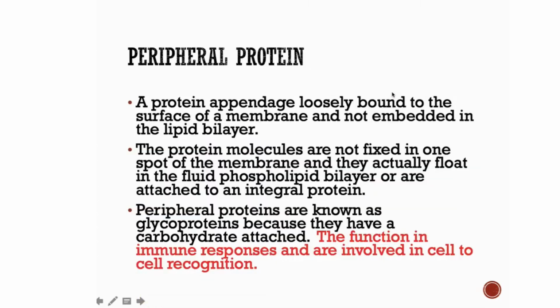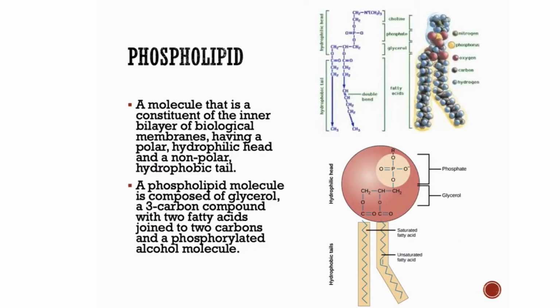Some peripheral proteins are known as glycoproteins because they have a carbohydrate attached, and they function in immune response and are involved in cell-to-cell recognition.